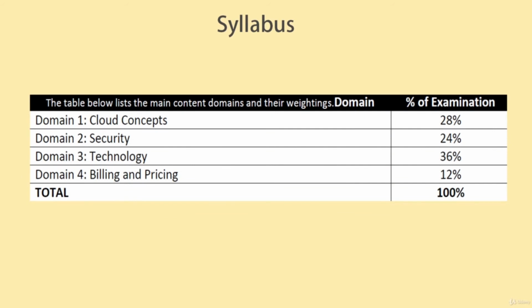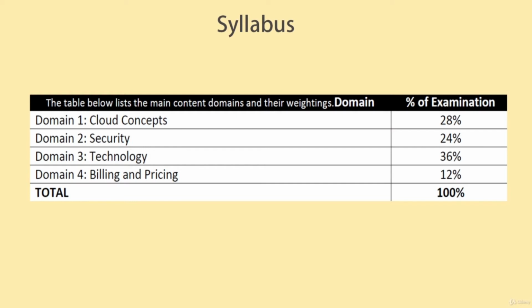So here we should go with the syllabus part. The syllabus is divided into four categories: cloud concepts, security, technology, and billing and pricing. Each has a different weightage.